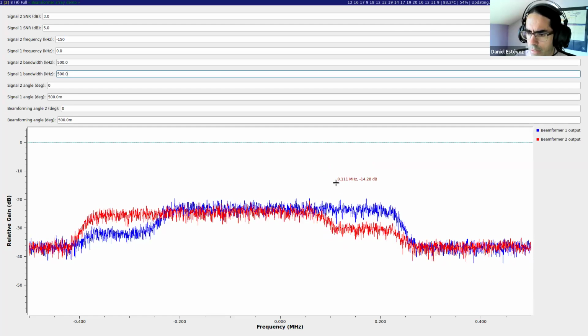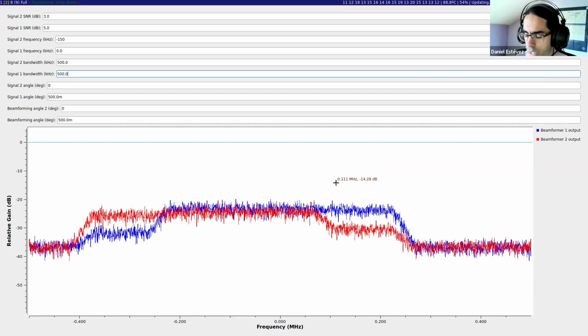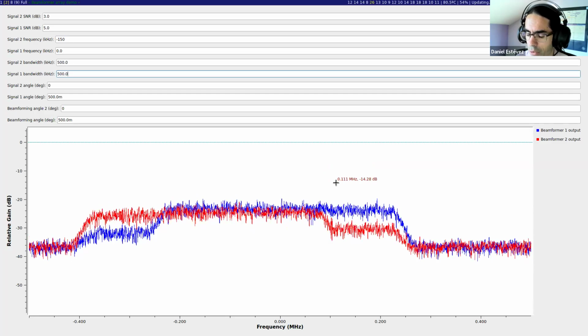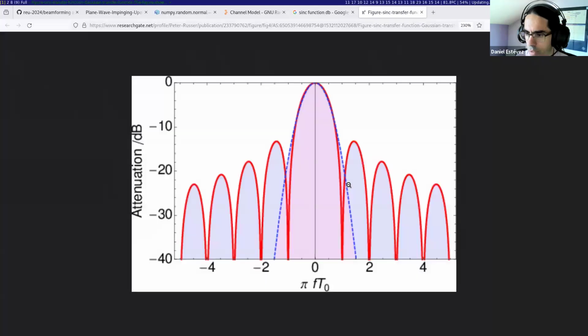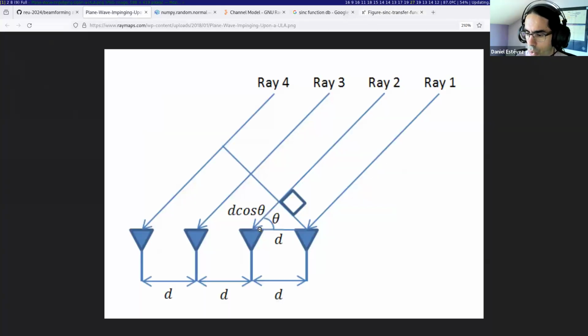What factors affect what happens in a beamformer like this? One of the important factors is the antenna separation, so this D here, and also the number of antennas. What happens is that the spatial resolution of a beamformer is related to the maximum separation of the antennas.